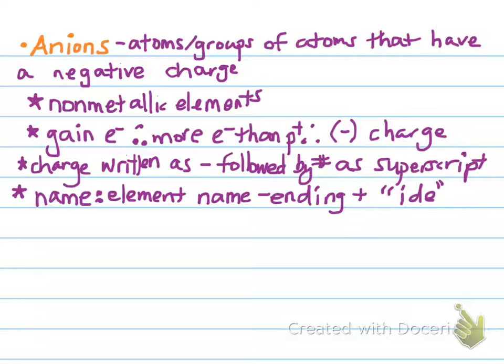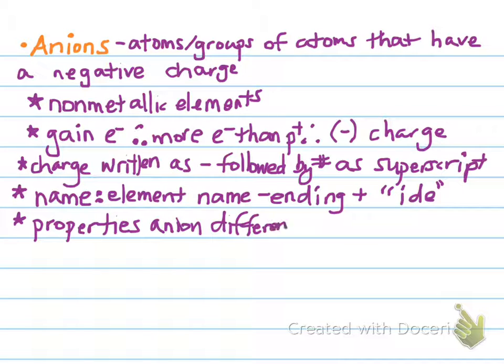And just like the cations, the properties of an anion are different from their neutral atoms.